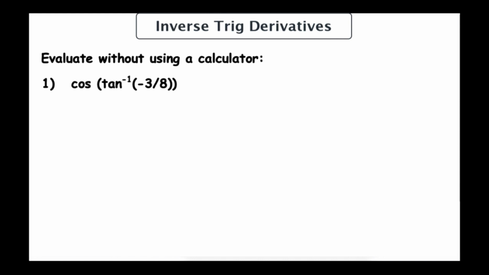All right, it's the cosine of the inverse tangent, or arctangent, of negative 3/8. Oh boy. Okay, the way I teach this is I make up a variable. I think I'll just start at the beginning of the alphabet. I'll start with A. And I call this part A. In fact, I write a note to myself: A is the arctangent of negative 3/8.